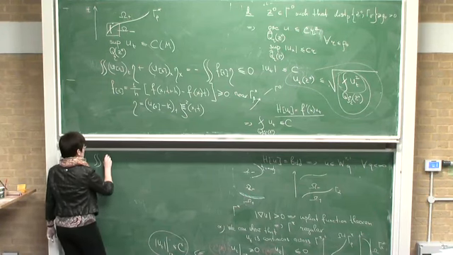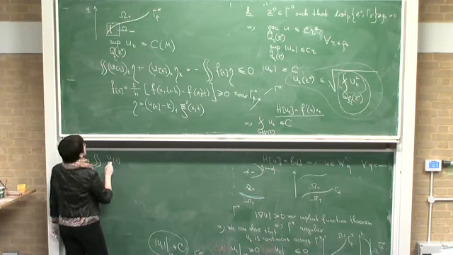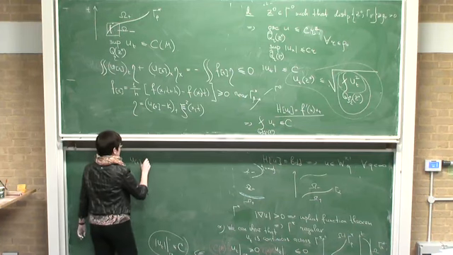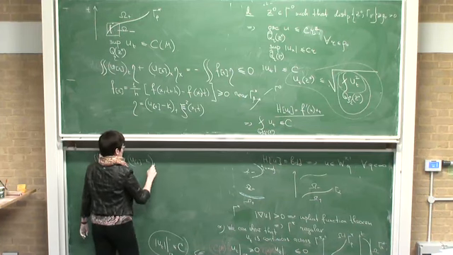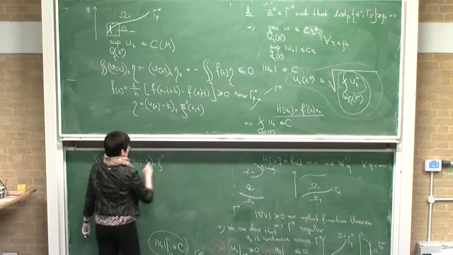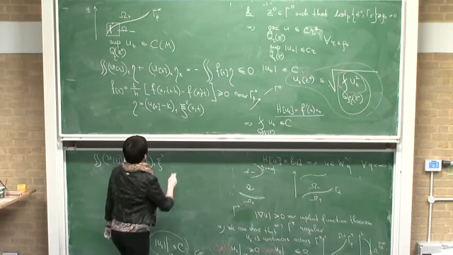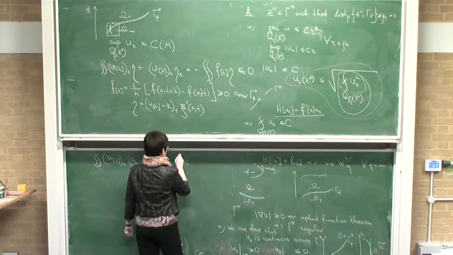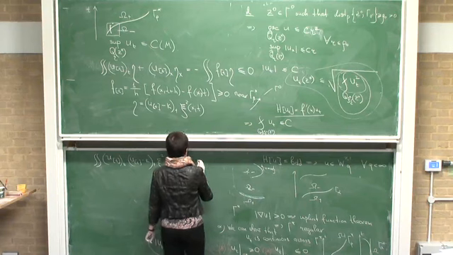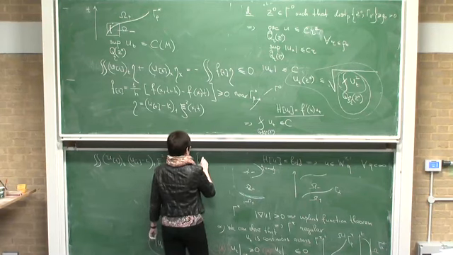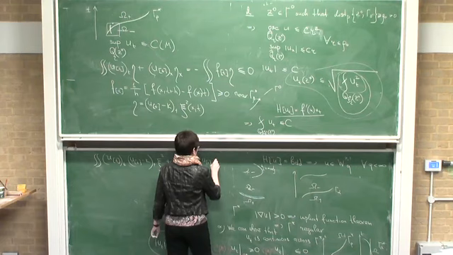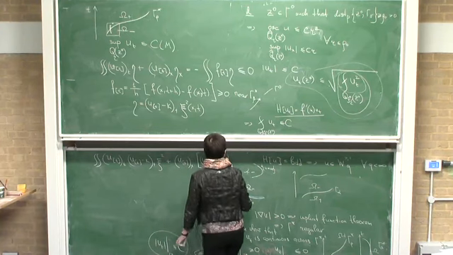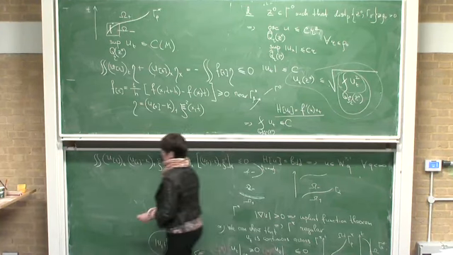I'll rewrite a little bit. u time t, difference quotient plus x square plus, and this is non-negative.